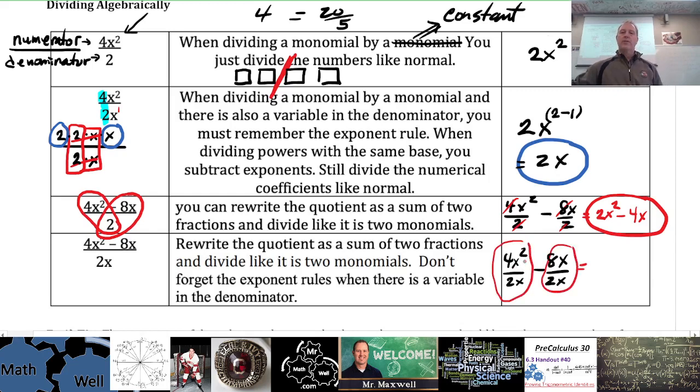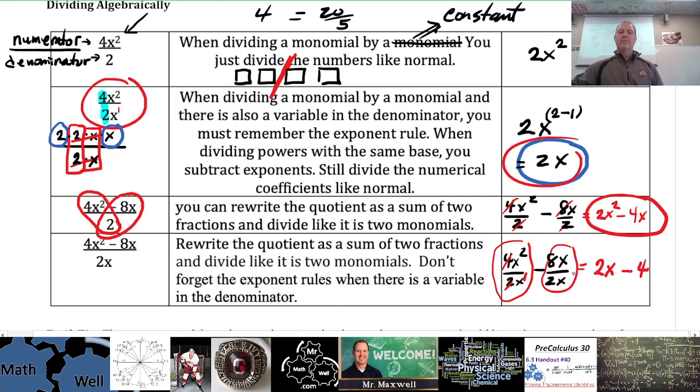So 4x squared divided by 2x, well, 4 divided by 2 is 2. X squared divided by x, we said, was x to the power of 2 minus 1, or just x to the 1. So we'll just write that as 2x, just like we did up here, right? And then minus 8x divided by 2x. Well, 8 divided by 2 is 4.